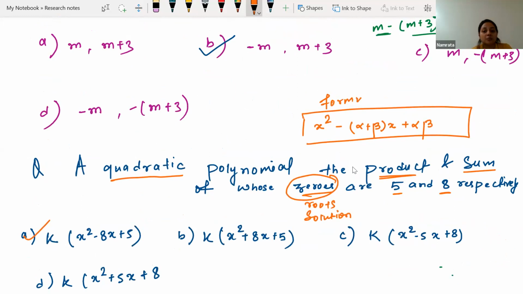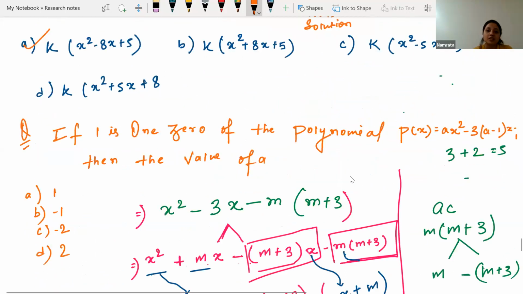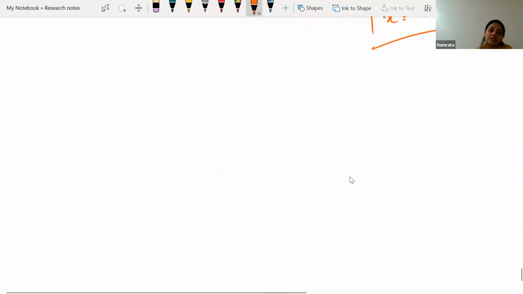The formula says that when we know the product and the sum, then we can make the polynomial using this formula. And if you are not able to understand this formula, have you seen this type of formula in your previous class?